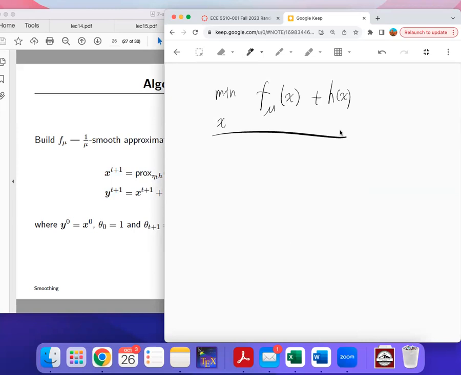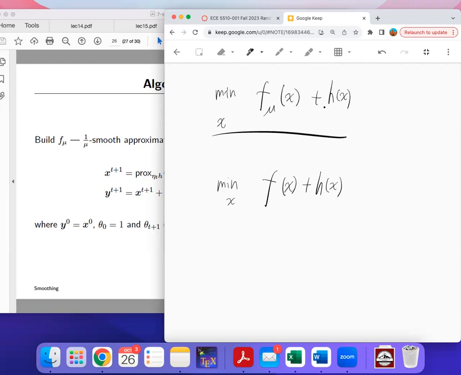However, this problem is not the original problem that we want to study. The original problem that we want to study is this one. Well, we have f instead of f mu. So therefore, we are applying this accelerated method to a smooth approximation.